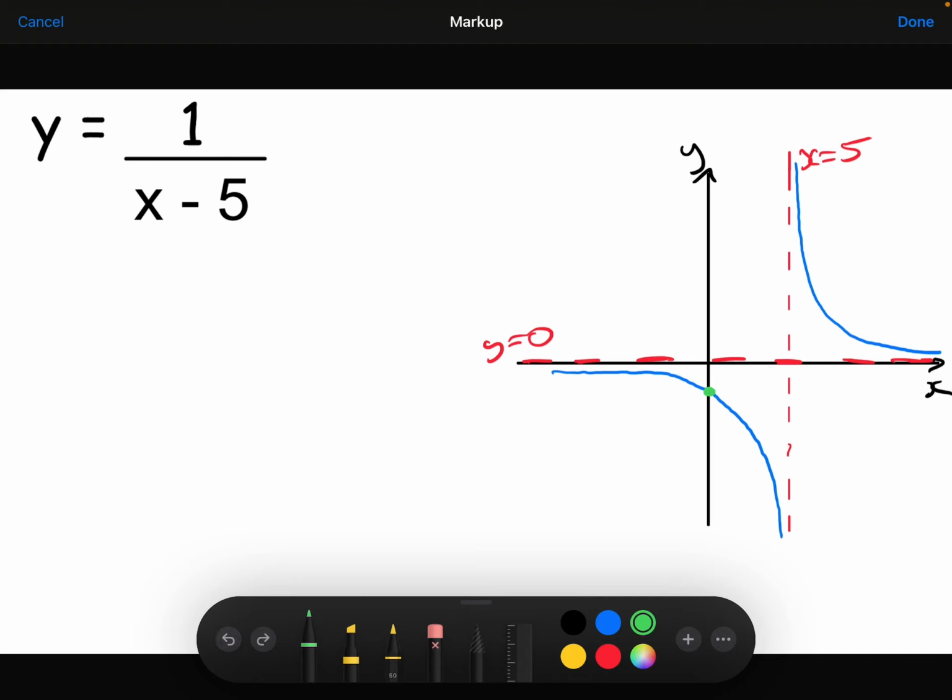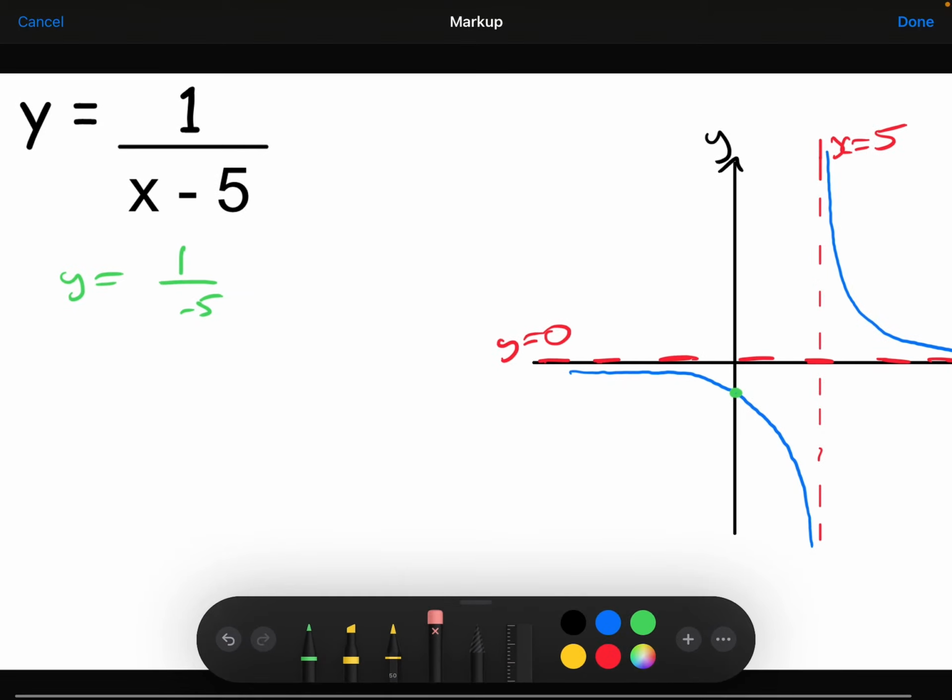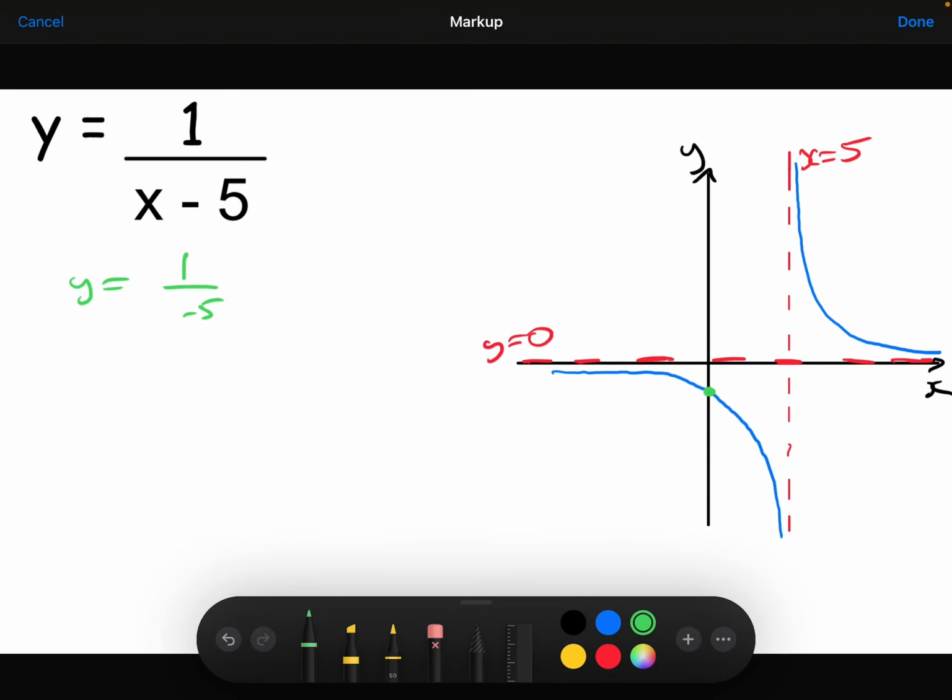So if I substitute that into my function, I find that y is equal to 1 divided by 0 minus 5, or 1 divided by minus 5, which is minus 0.2, or minus 1/5. So that is my y-intercept that you should mark onto your sketch.